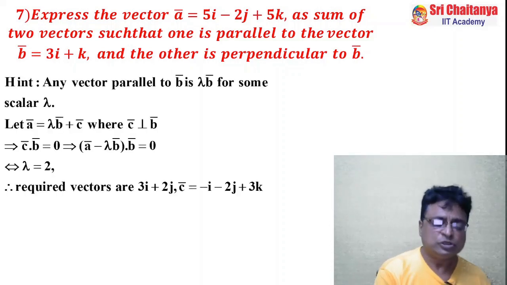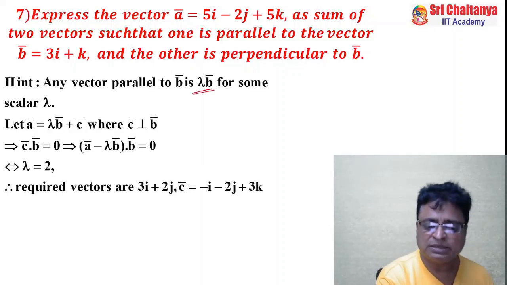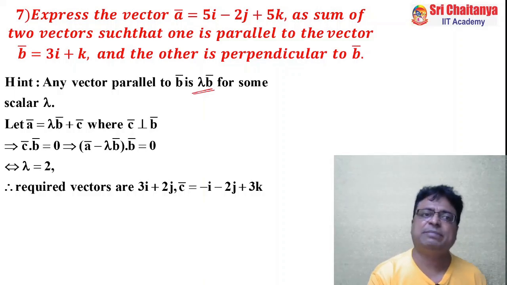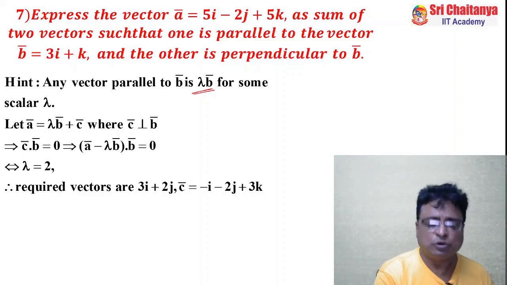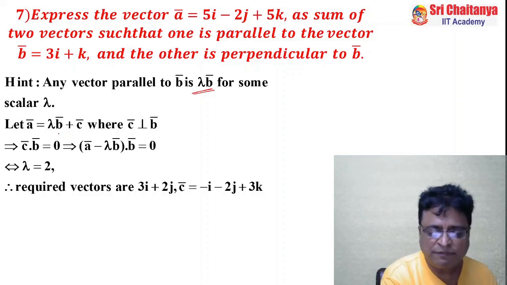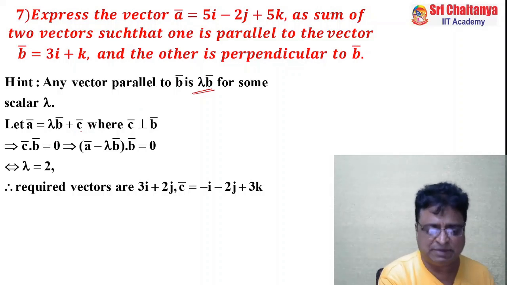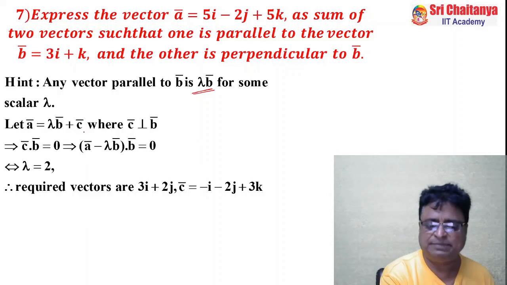Okay. So any vector parallel to B bar is lambda B bar. Clear? Any vector parallel to B bar is lambda B bar for some lambda. So what is my A bar? It is the sum of a vector which is parallel to B bar and another vector, let it be C bar say, where C bar is perpendicular to B bar. This is the condition given.